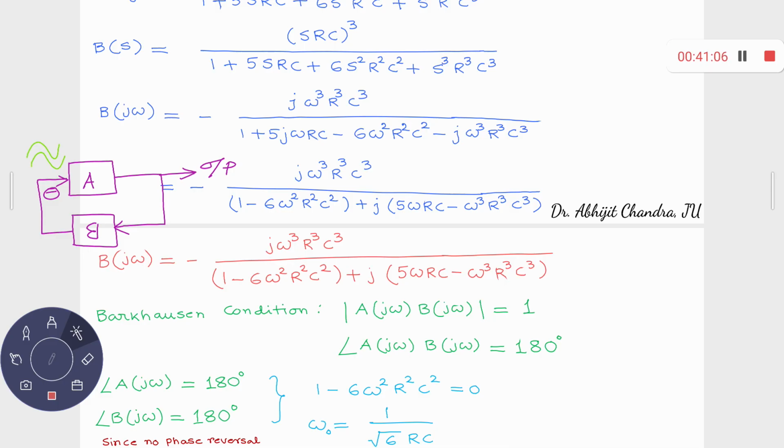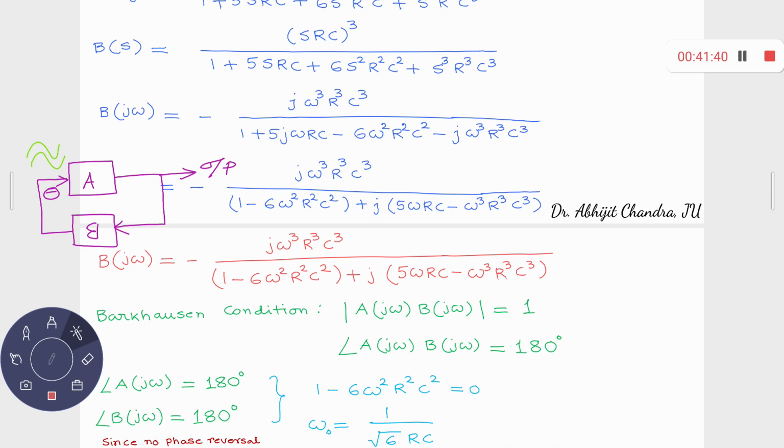So how can you ensure that this entire thing will provide you 180 degree phase difference? What is the condition? You have a -n outside, j in the numerator, and in the denominator you have a plus jb in that particular form.